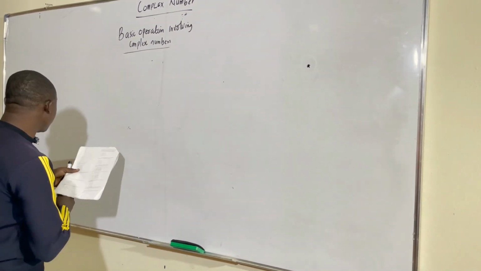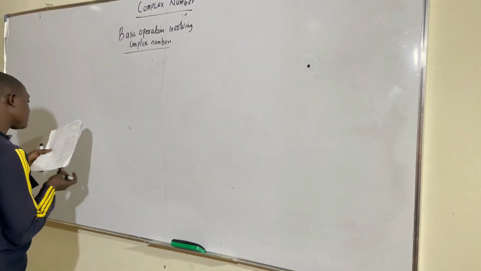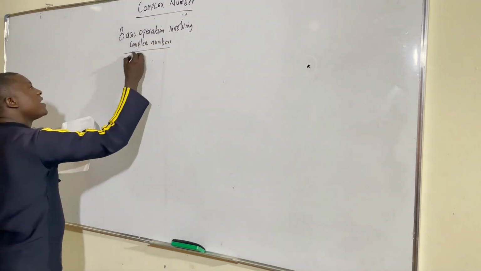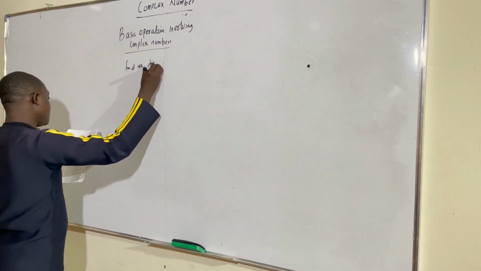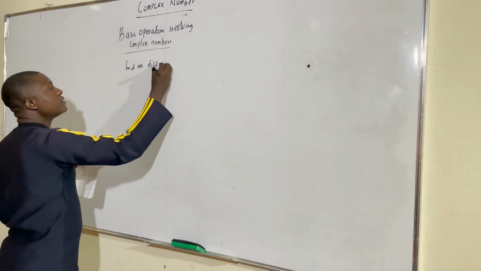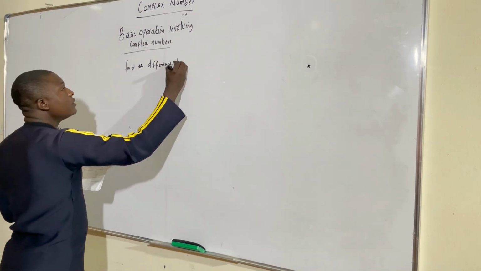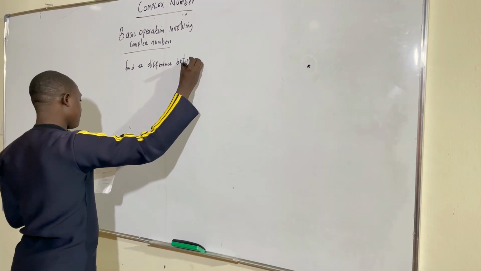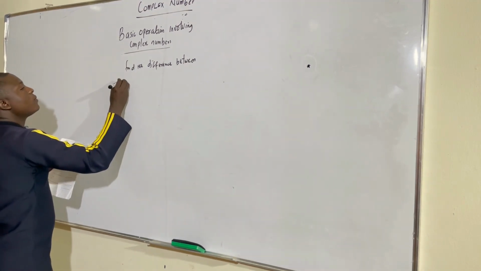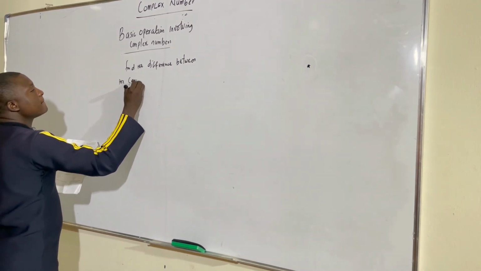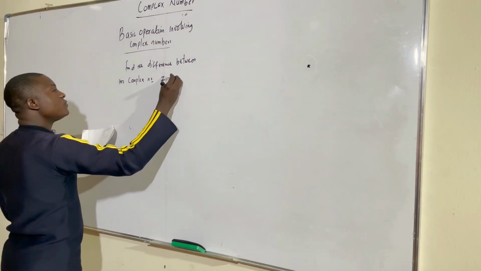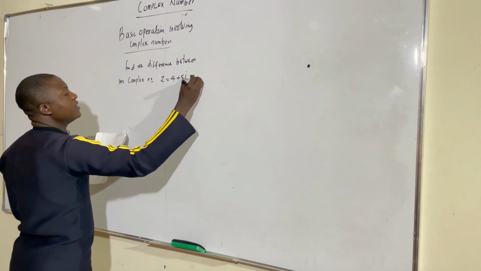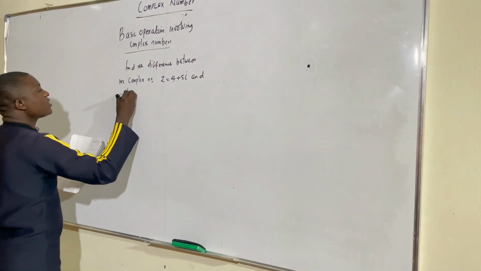Like this type, they said find the difference between the complex number z is equal to 4 plus 5i and its conjugate.